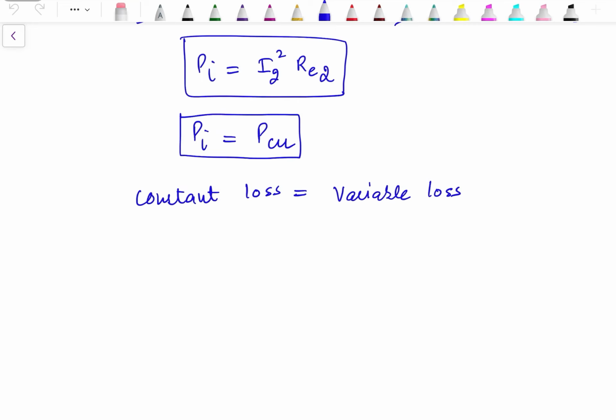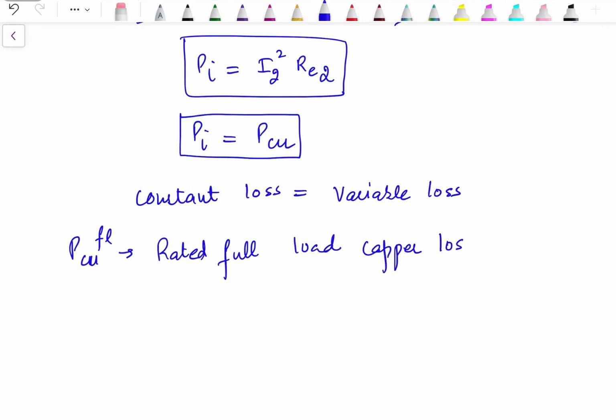Let's say the full load copper losses are denoted by PCUFL, that is rated full load copper loss, which is known from the short circuit test.